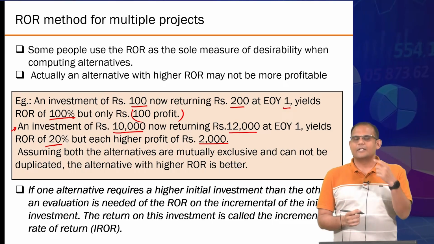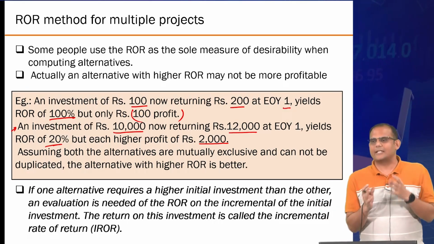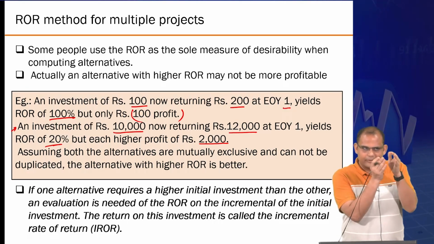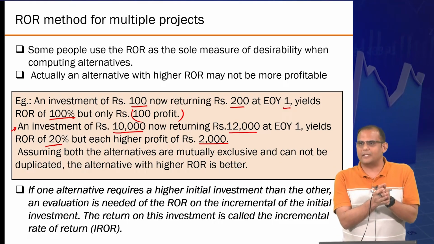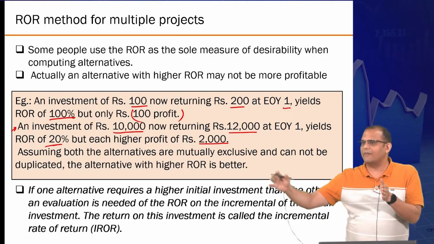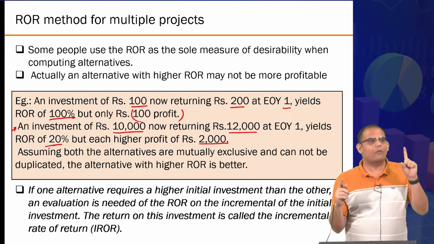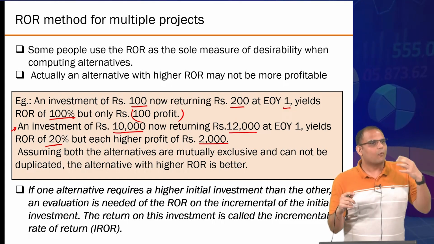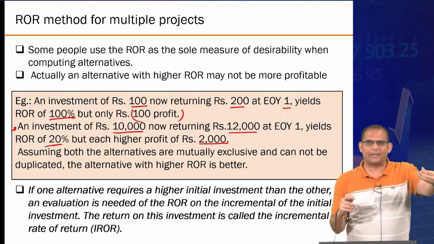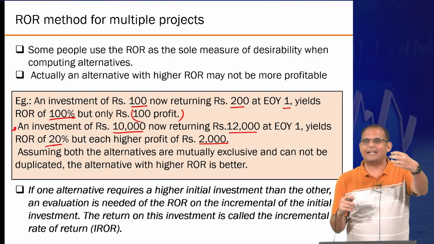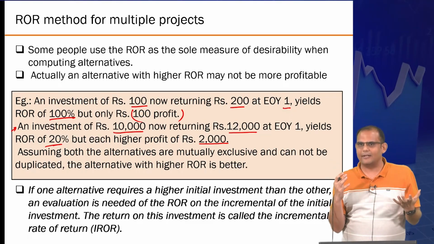Because we are talking about mutually exclusive projects, once you invest in one particular project, you are automatically debarred from investing in any other. So, you are always asking for one best alternative. So, what if you pay slightly higher money, for some project which costs slightly higher, but your return is also higher compared to that?